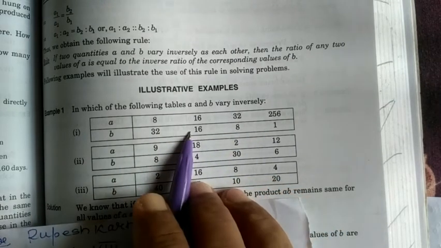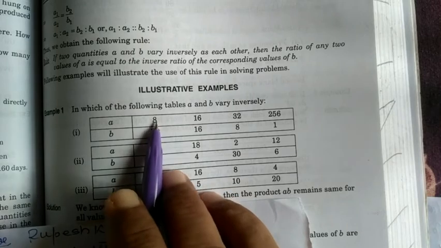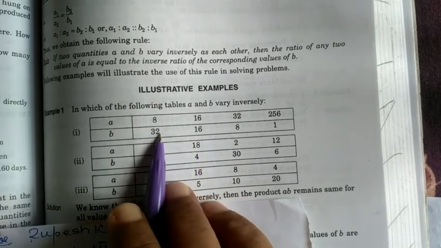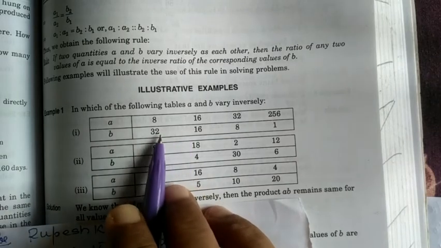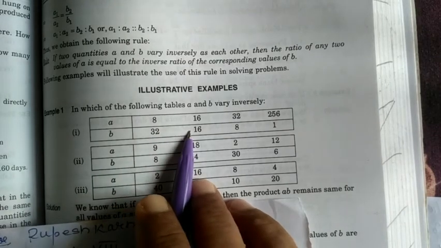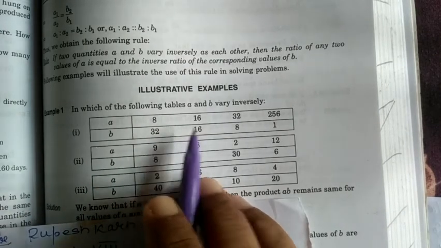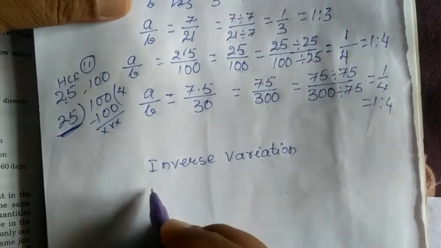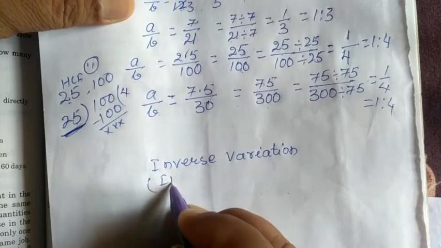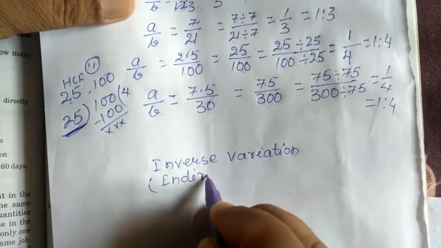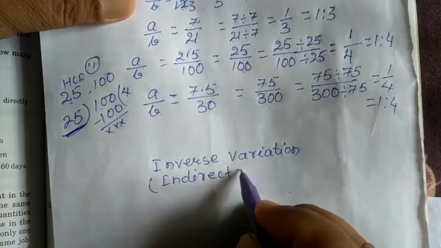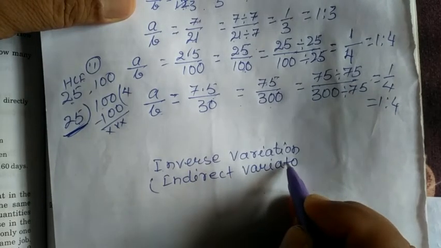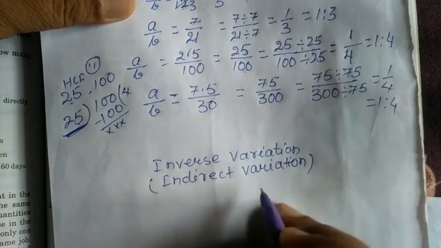Now we have to find whether the increase or decrease ratio is the same or not. Then we will have to decide whether it is actually inverse variation. Inverse variation has the synonym indirect variation.